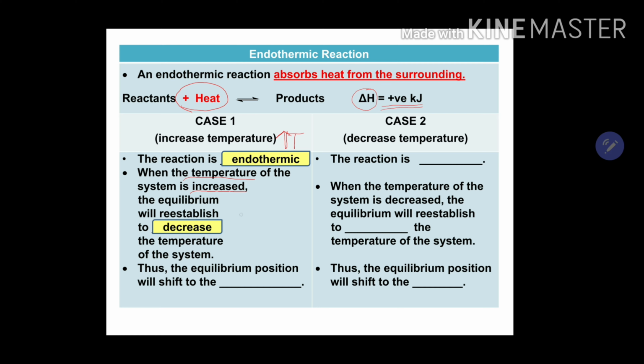How to decrease the temperature is by decreasing heat. And because heat is on the left hand side, the system will shift to the right.